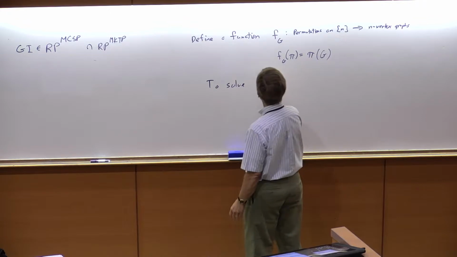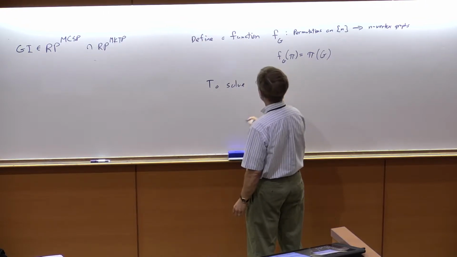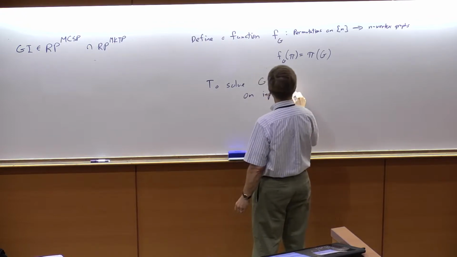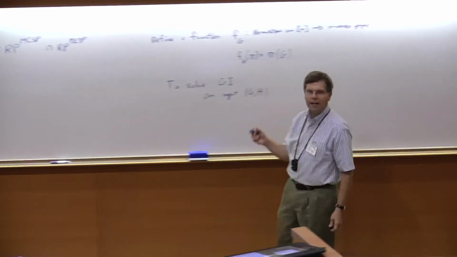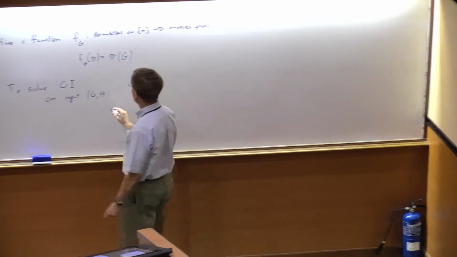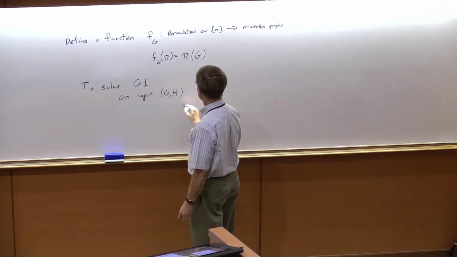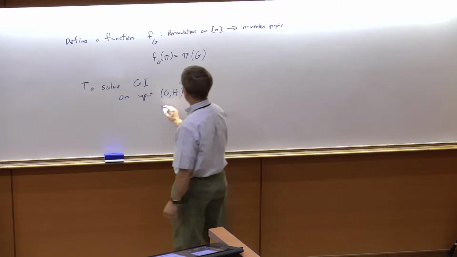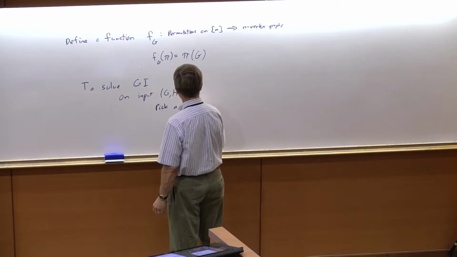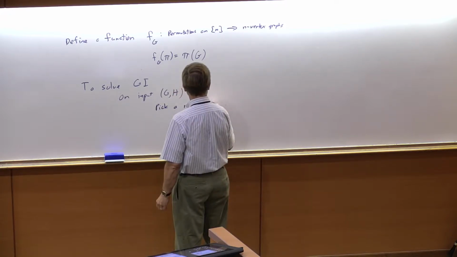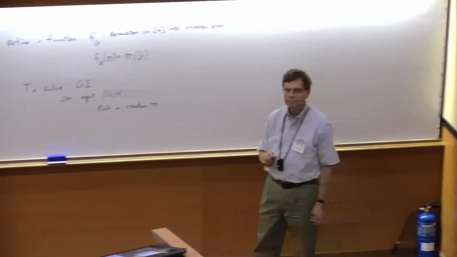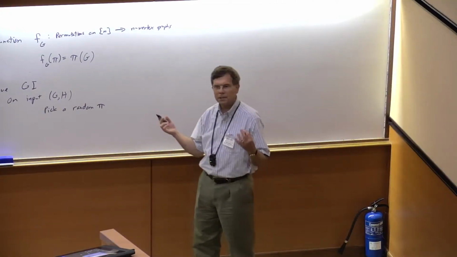So, in particular, to solve graph isomorphism, what are we going to do? On input G and H, we want to find out if G and H are isomorphic. Pick a random pi. So this is a probabilistic reduction we're doing.